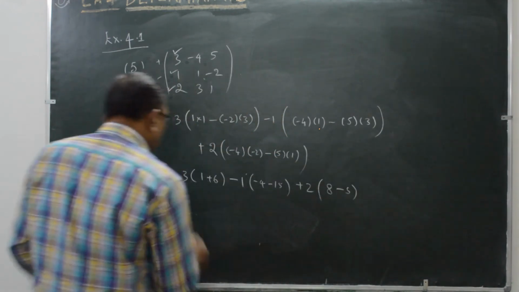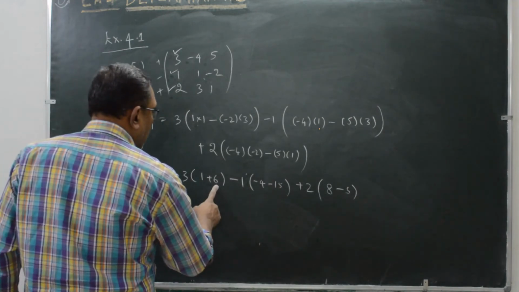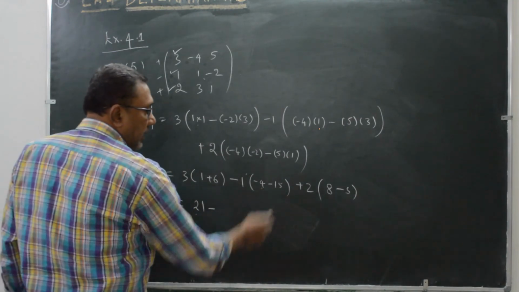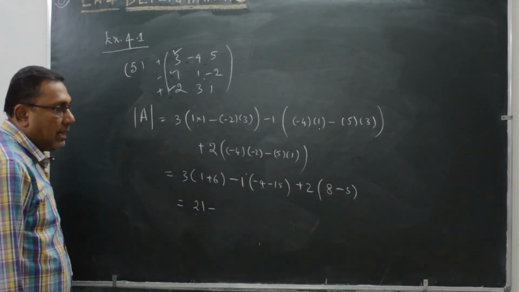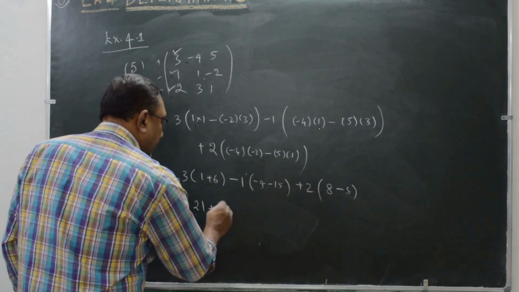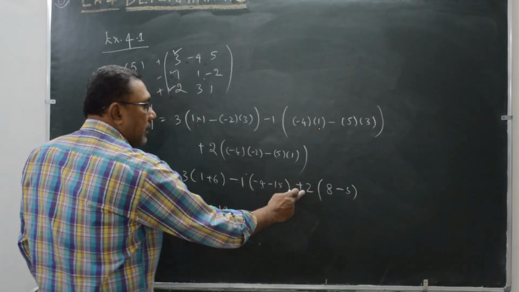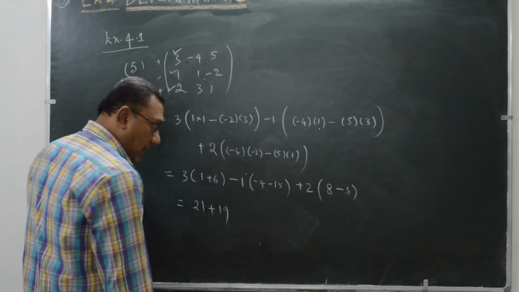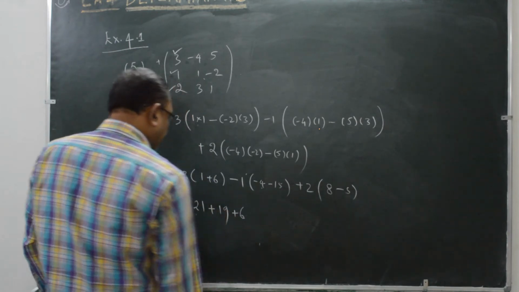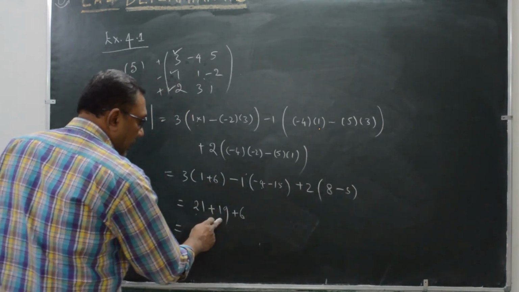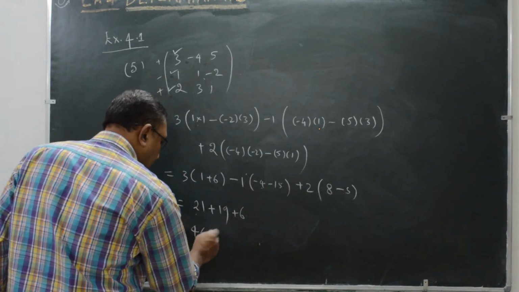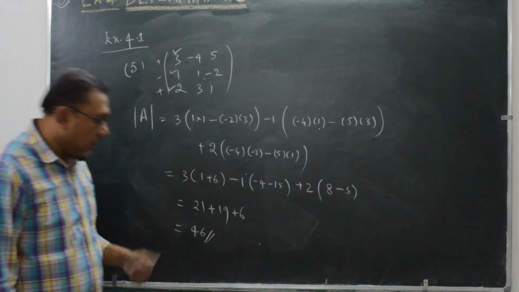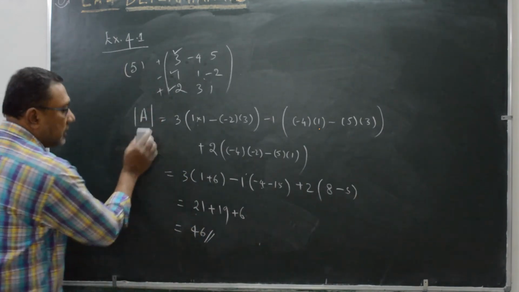So, let us simplify: it is 6 plus 1, 7, 7 3s are 21, minus, here it is minus 19, this will become plus 19, and here it is 2 plus 2, 8 minus 5 is 3, 2 3s are 6. So, 21 plus 19 is 40, plus 6 is 46. The determinant value for this particular 3 by 3 matrix is 46.